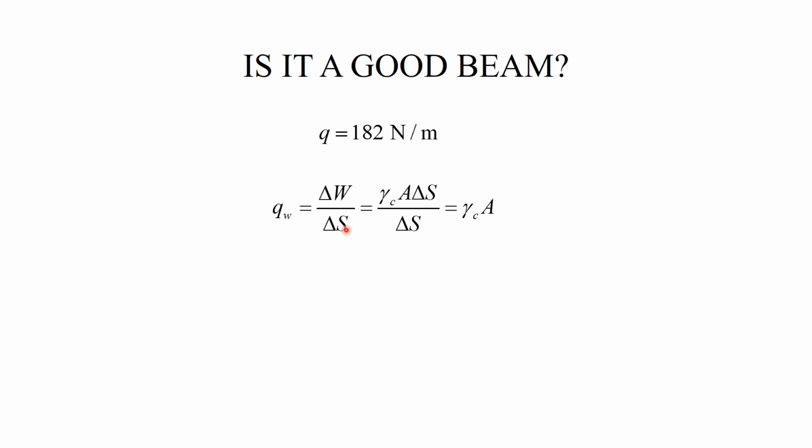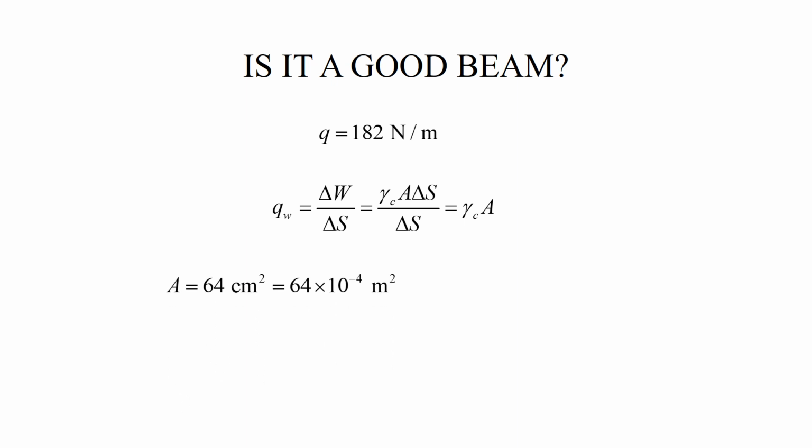The unit length is denoted by delta S. The weight is the specific weight of concrete times the unit volume. And as a result, I obtain that Q_W induced by concrete is equal to gamma concrete times A, where A is, of course, the cross-sectional area.